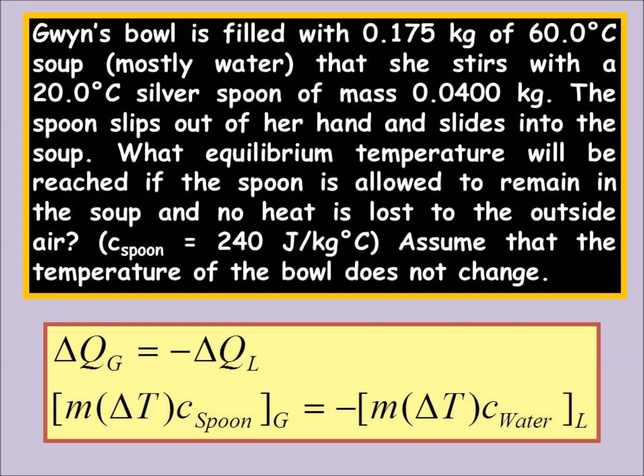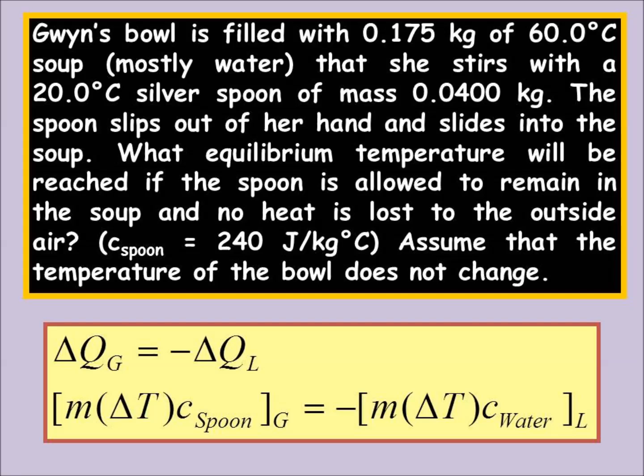Gwynn's bowl is filled with 0.175 kilograms of 60 degrees Celsius soup, mostly water, that she stirs with a 20 degrees Celsius silver spoon of mass 0.04 kilograms. The spoon slips out of her hand and slides into the soup.